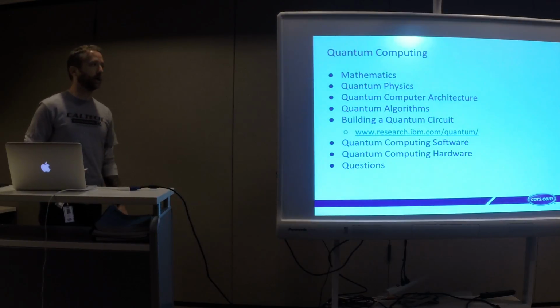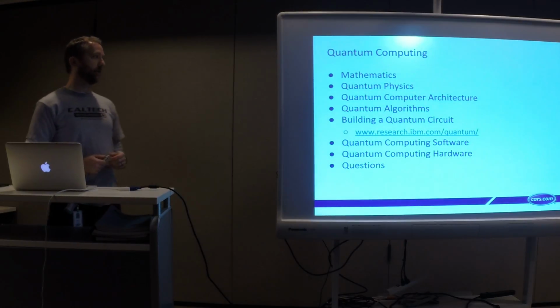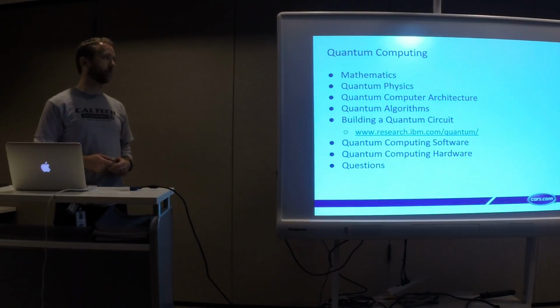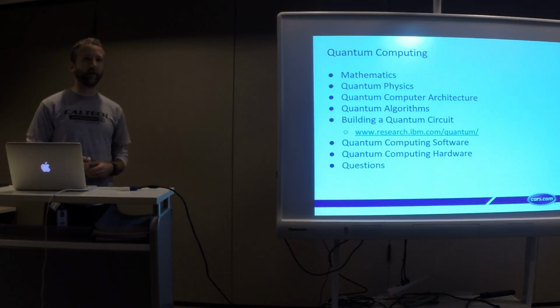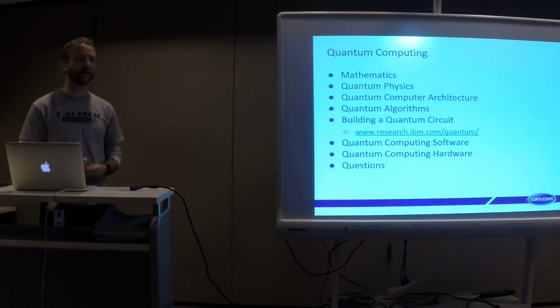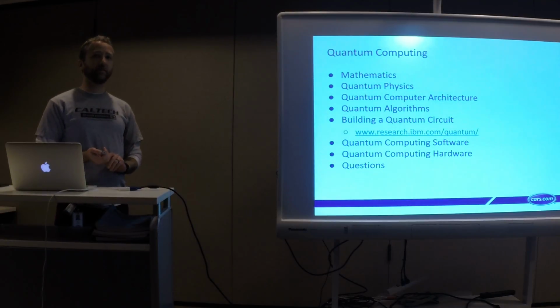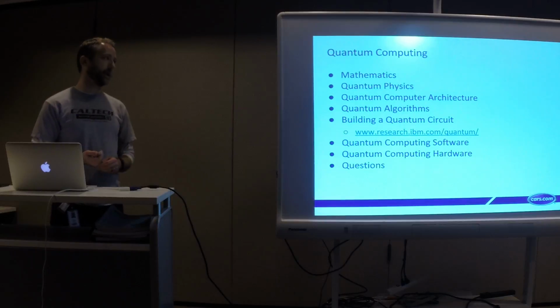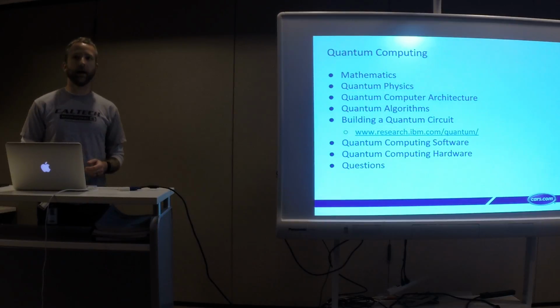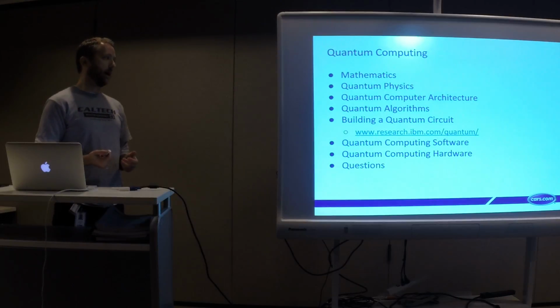So a quick overview of what I'm going to talk about. I'm going to start by going over some of the math that will hopefully be helpful in understanding what's going on in quantum computing, just some basic quantum physics. Then we'll go over what makes up a quantum computer in the abstract.